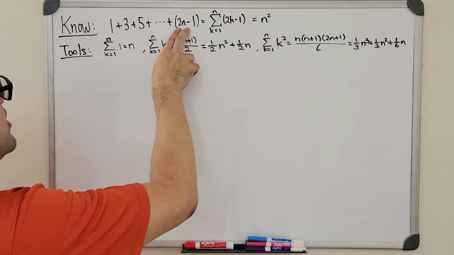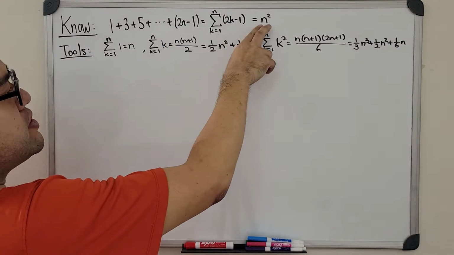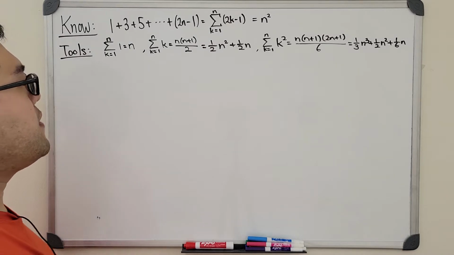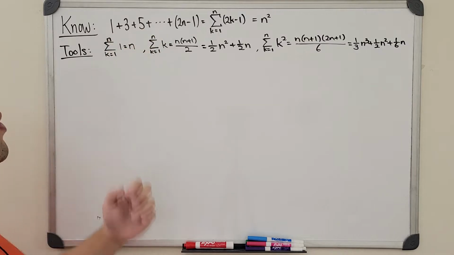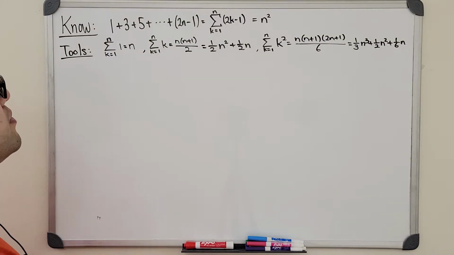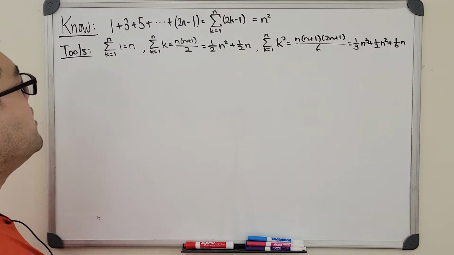So we are saying that adding the first n odd terms together will just end up with the result n squared. Here is the question of the day. Can we find such a sequence so that what we call the partial sum of the sequence is going to give us n cubed?